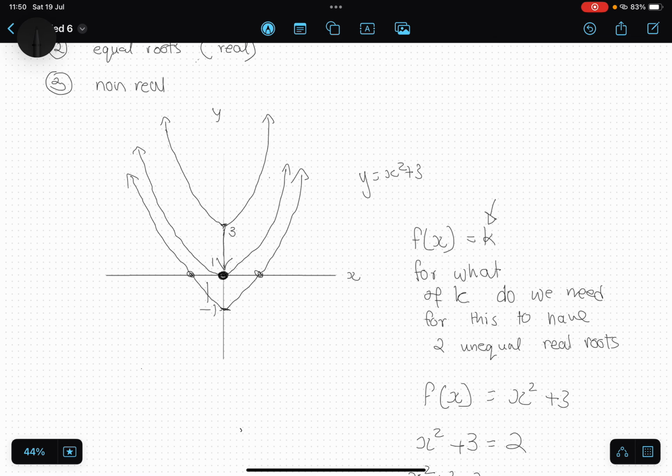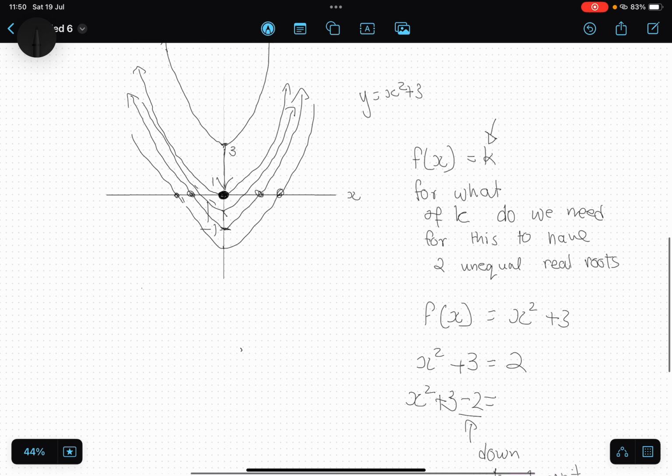Now any shift greater than 3 downwards, you see that I'll always have 2 distinct unequal values, because I'm shifting it down beyond 3 units, which means it's going to go past this x-axis and it's going to be somewhere here. So it doesn't matter, it just has to be a value greater than 3.